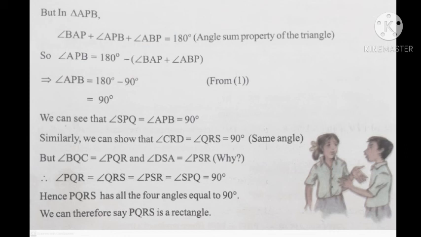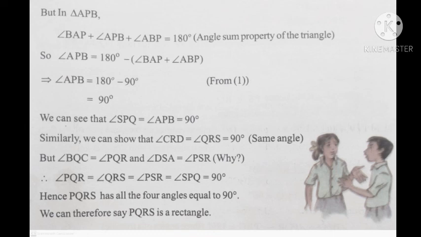That implies angle APB is equal to 180 degrees minus the value of angle BAP plus angle ABP, which is 90 degrees from equation 1. So we write 90 degrees. Next, after subtraction we get 90 degrees. We can see that angle SPQ is equal to angle APB, that is 90 degrees.